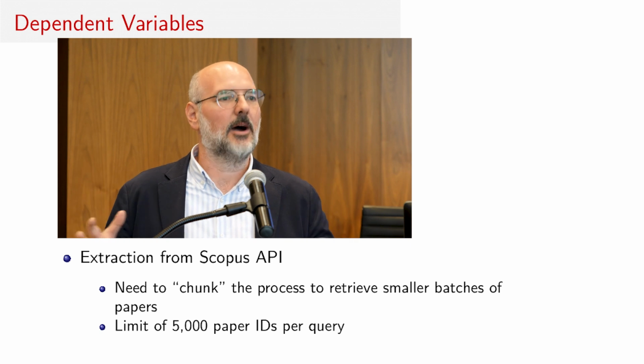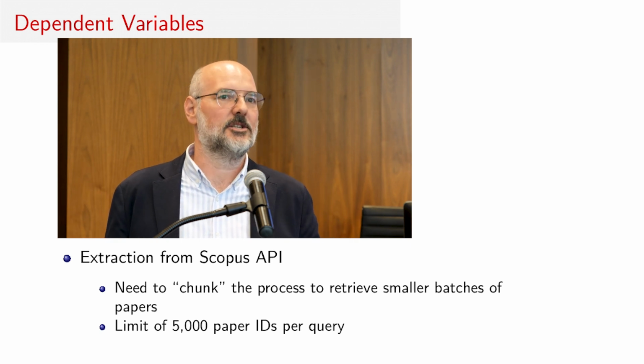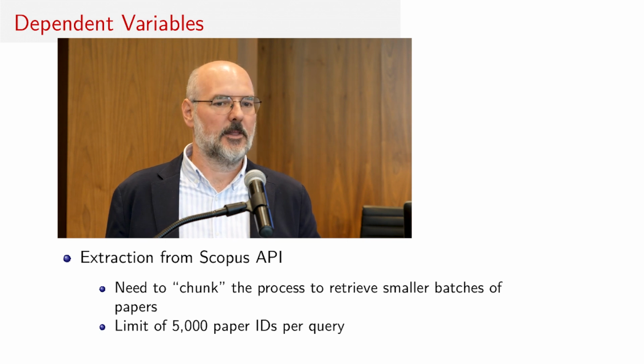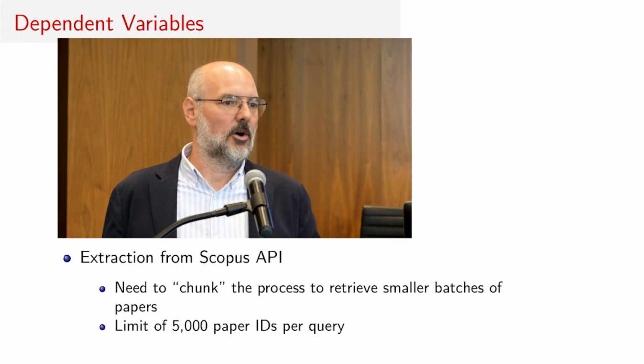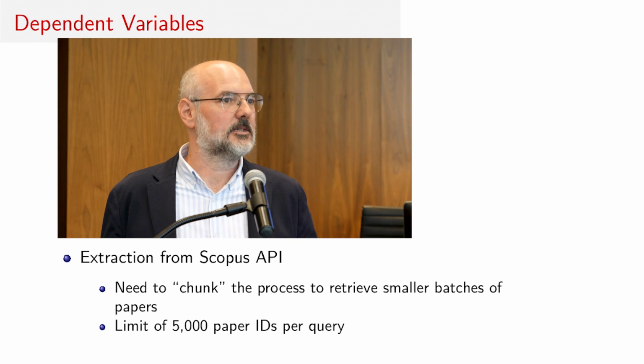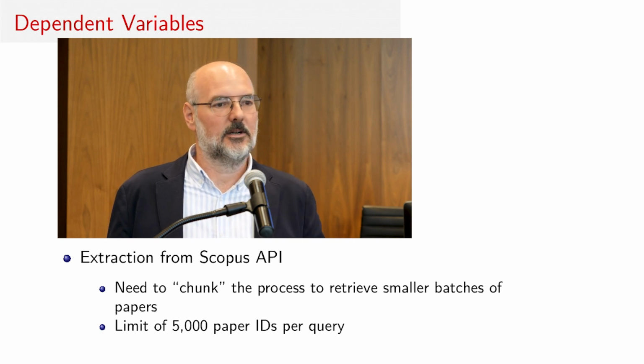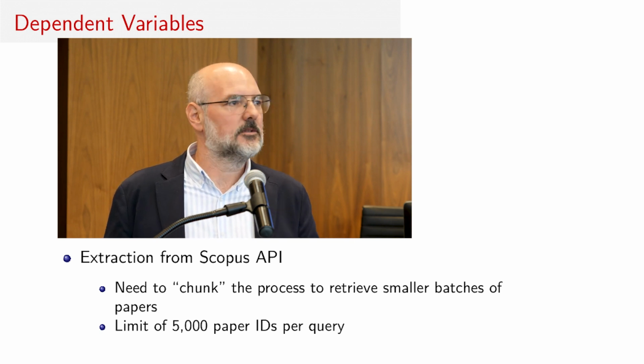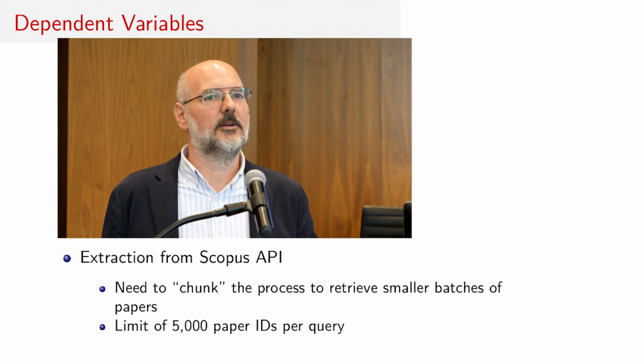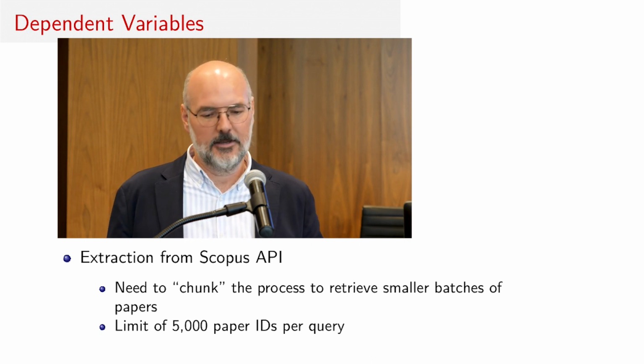We had to chunk our searches into small batches of 5,000 documents, and finally we could gather a whole data set of 1.5 million documents or articles that deal somehow with data mining or text and data mining.